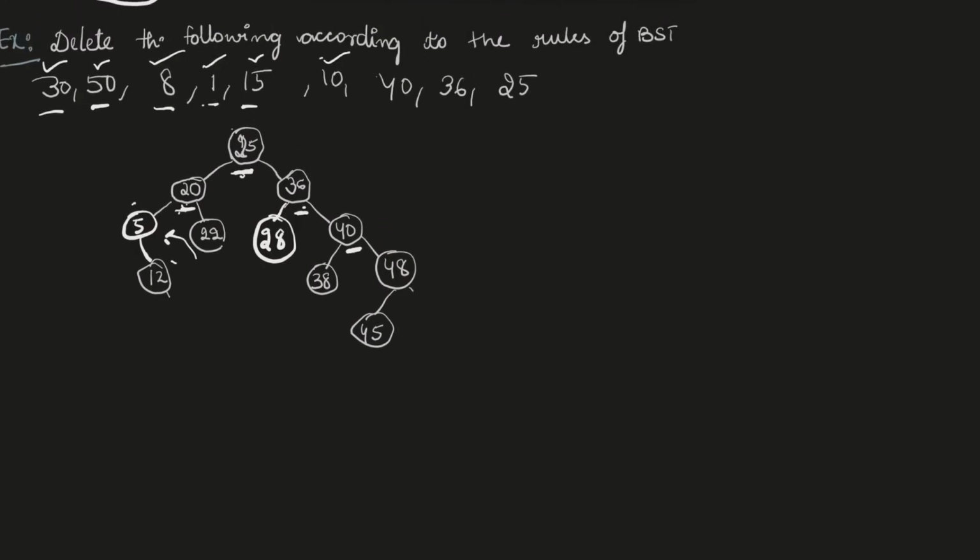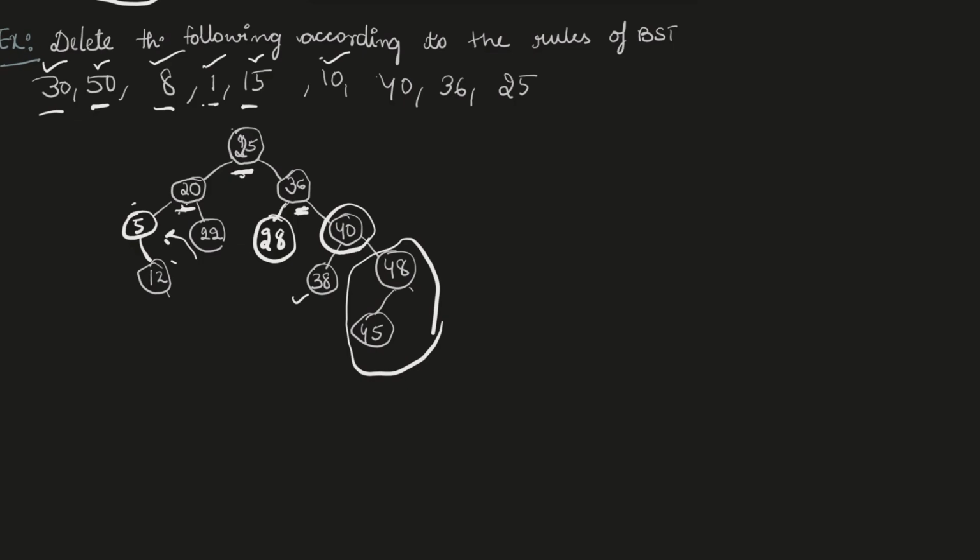Now let's go to 40. 40 is right side of 25, right side of 36, and we have found the 40 element. Now let's see how we can use in order successor in this case. Because if only one element is there, we can directly write it. But let's see how we use the in order successor from this.